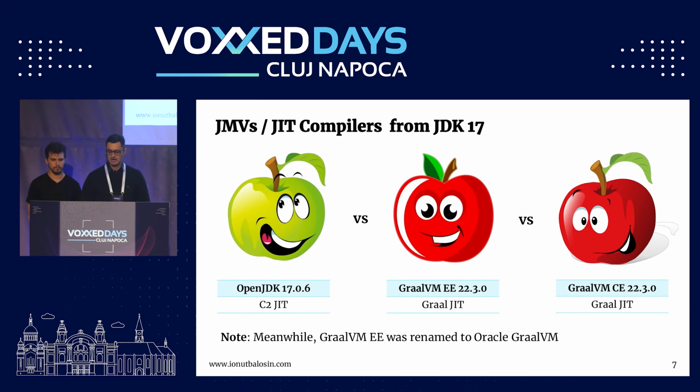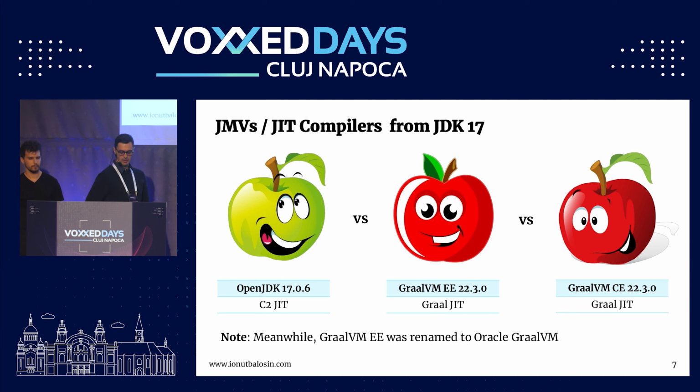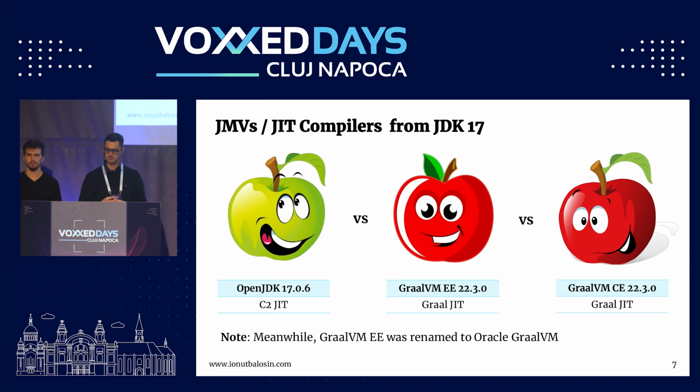What are these compilers? The first one is C2 from OpenJDK. The second one in the middle is called Graal, and it's embedded in GraalVM EE. This is the former name. Recently, they rebranded, and it's called Oracle GraalVM.